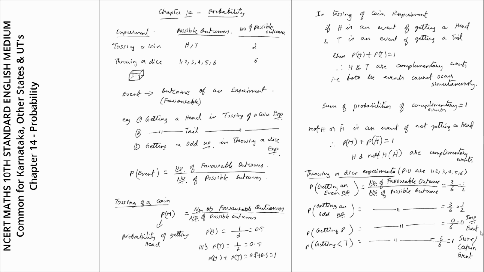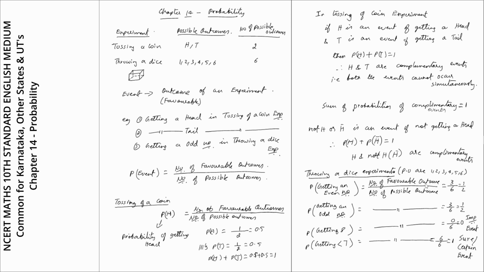It can never happen. And what is the probability of getting a number which is less than 7 in this experiment? Going by the standard definition, the probability is given by the number of favorable outcomes by the number of possible outcomes. What is the number of possible outcomes here? It is 6 only.